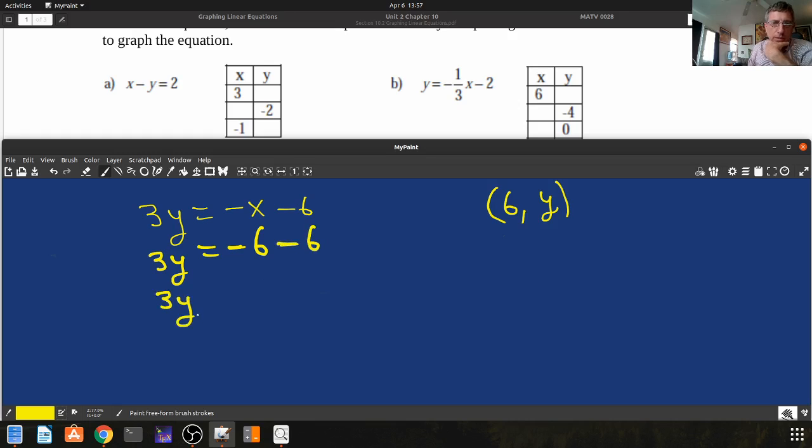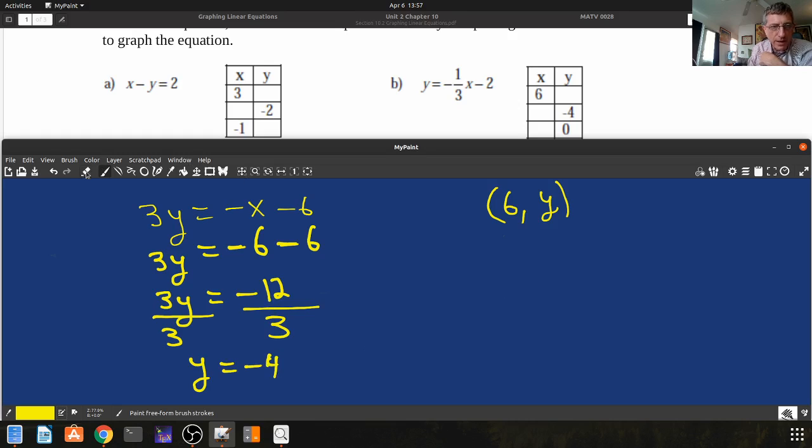So it gives me 3y is equal to minus 6. Minus 6 is minus 12. So that's how many 3y are. So let's find out how many 1y is by dividing both sides by 3. And that's going to give me y is equal to minus 12 divided by 3 is minus 4.